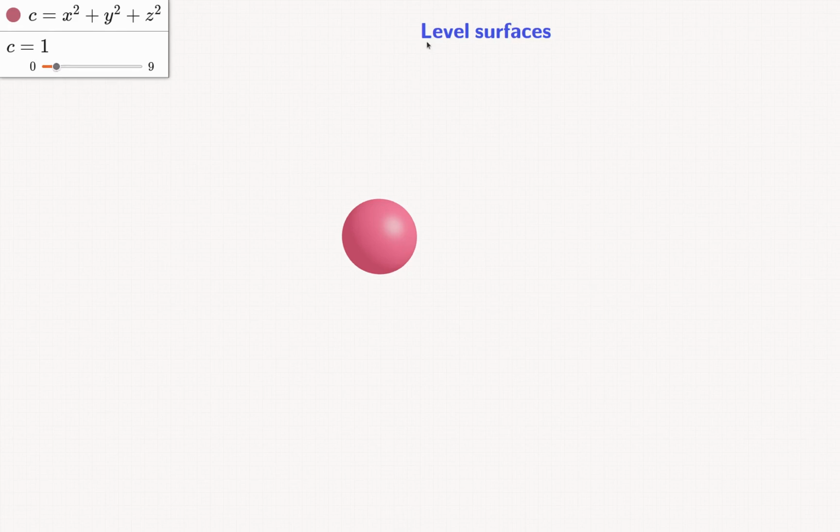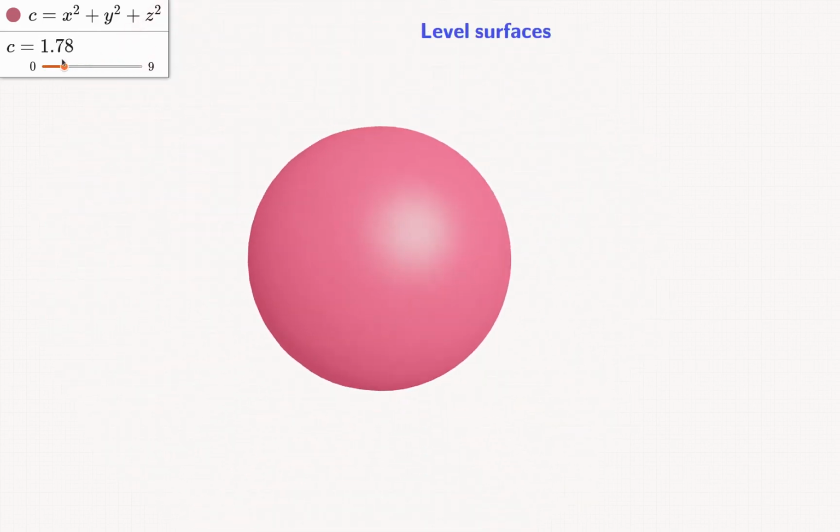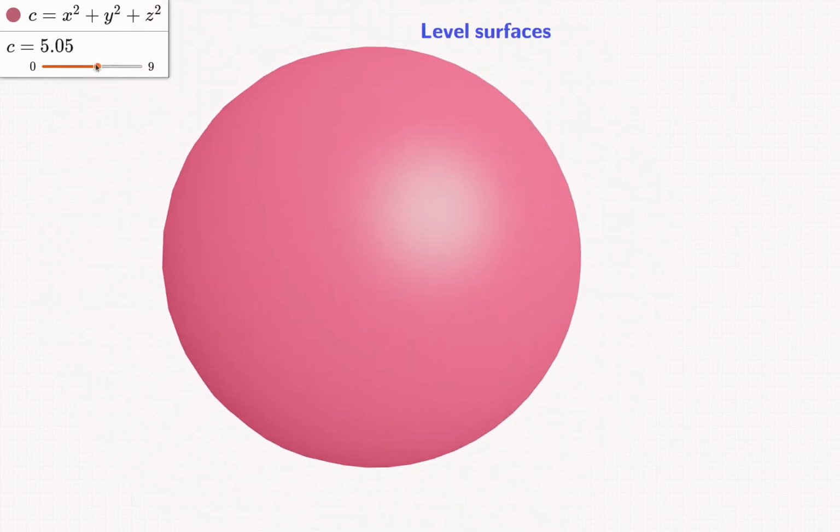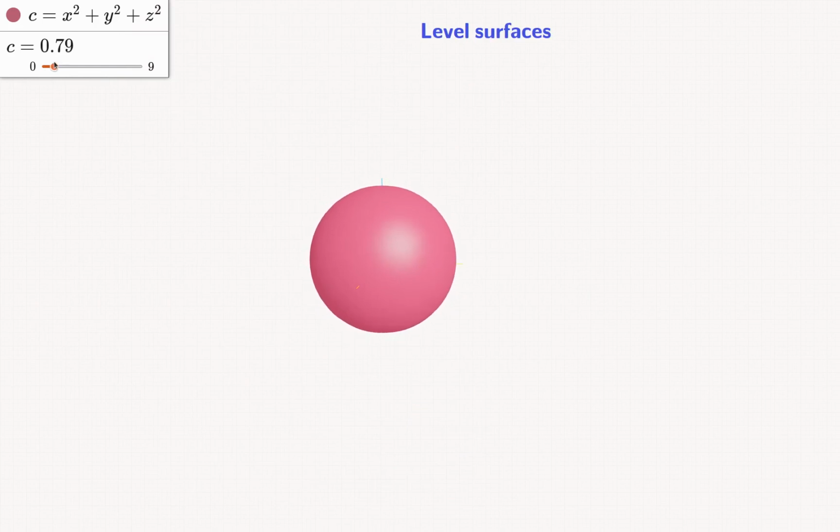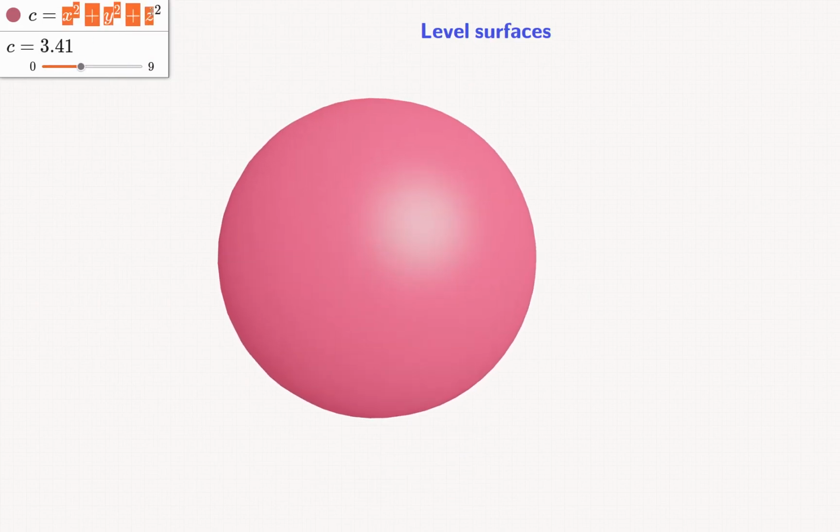But what we can do is look at the level surfaces. So the level surface for a given value of c is going to be the sphere of radius square root c. And so these various level surfaces can give us a way to understand or to visualize the behavior of this function.